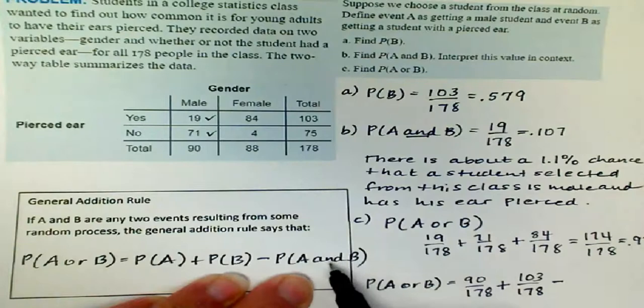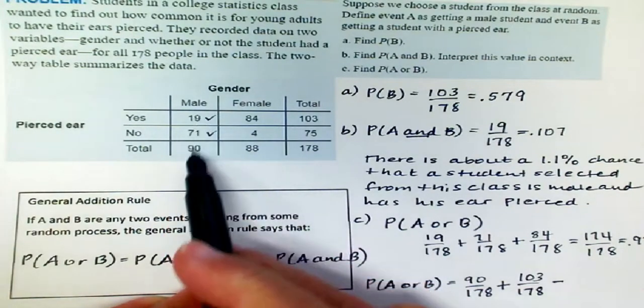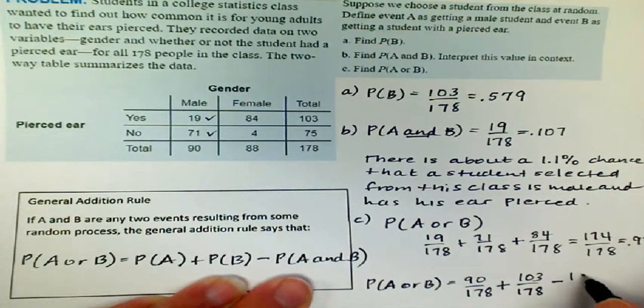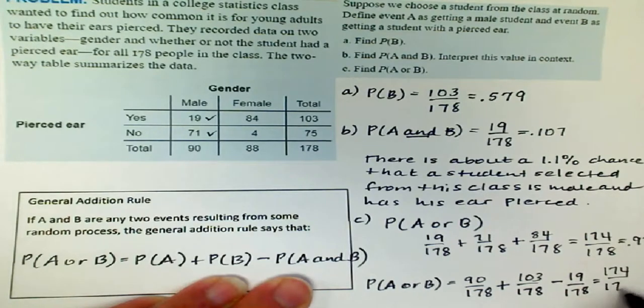And then you have to subtract out that overlap because you can't count that twice. Like if you look at this, you've counted 19 here and you've counted 19 here. So you actually have to subtract out that overlap. And if you do this, you end up with the exact same answer, okay? 174 out of 178, which is 0.978.